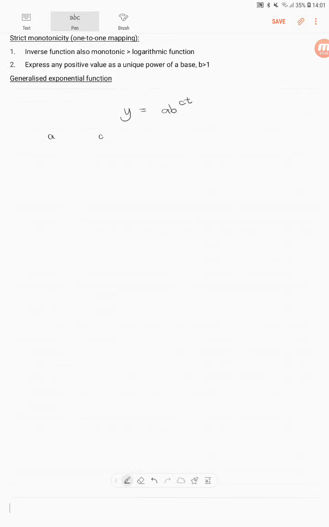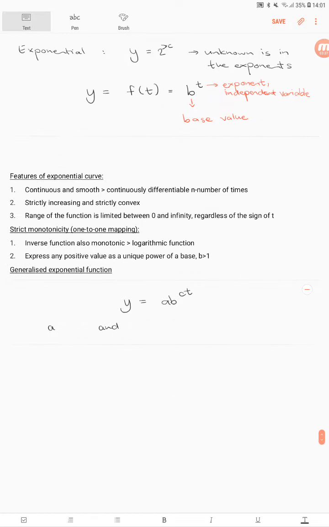So we have a and c as extending or compressing factors.